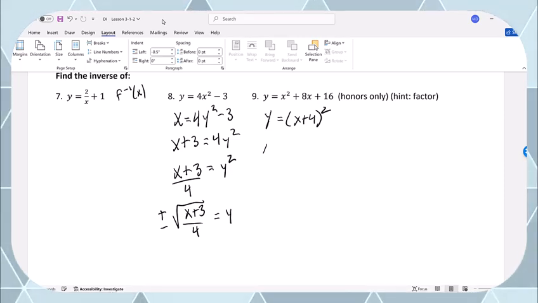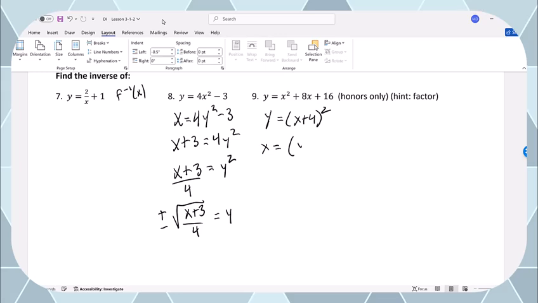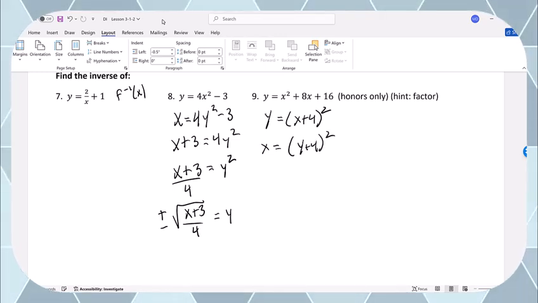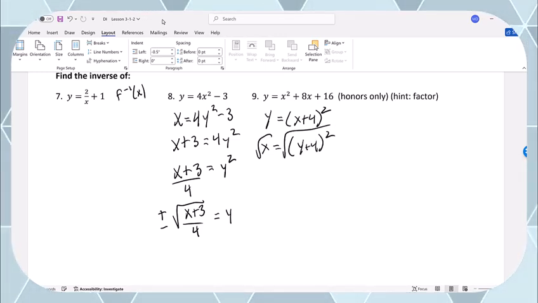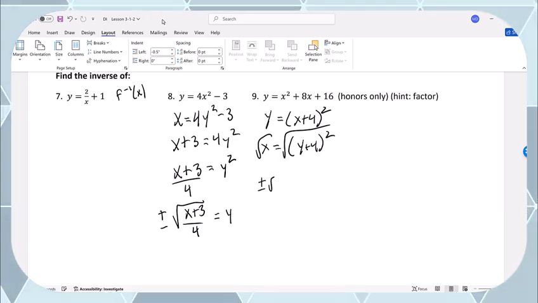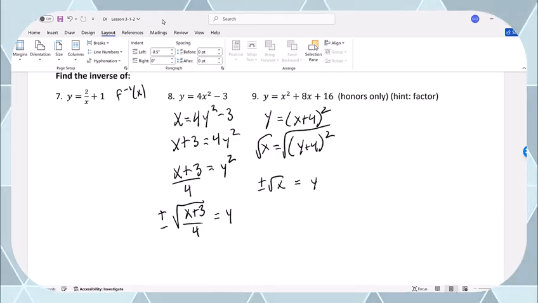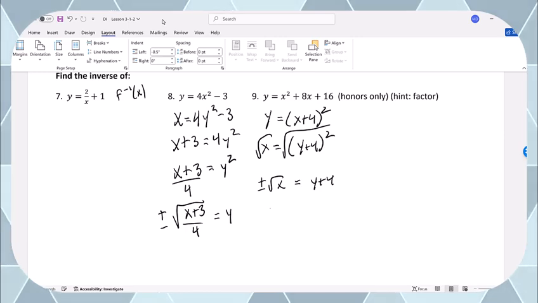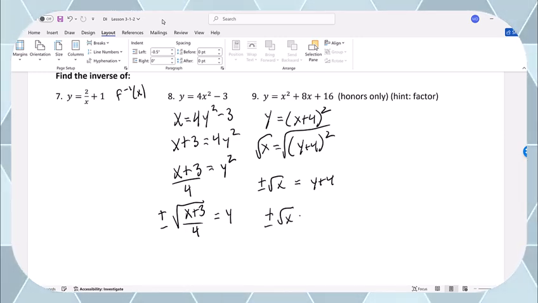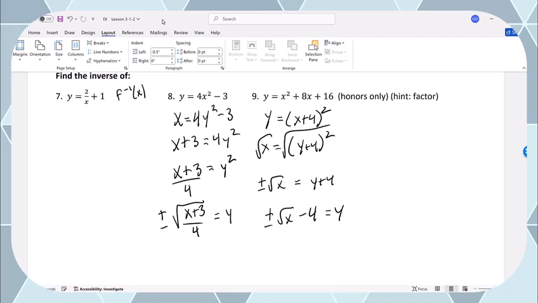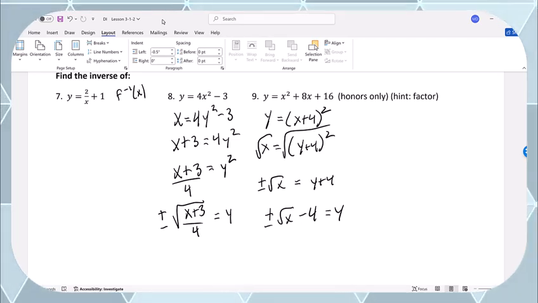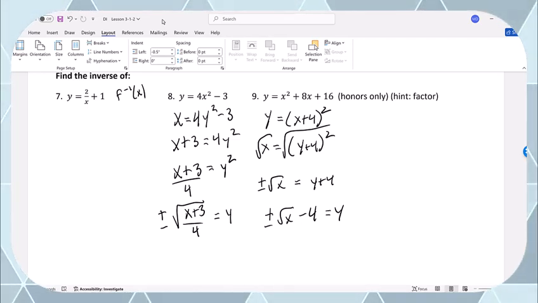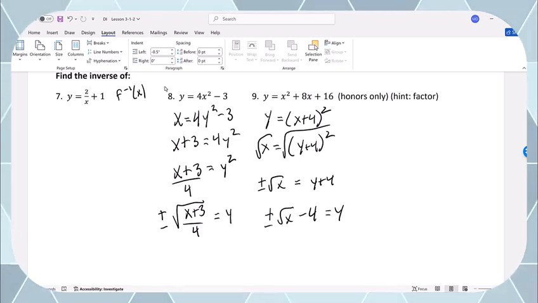Now you can switch the x and y. And now you can solve it. Find the inverse. And again, because of that plus or minus, it's not a function, and you can't write the inverse notation.